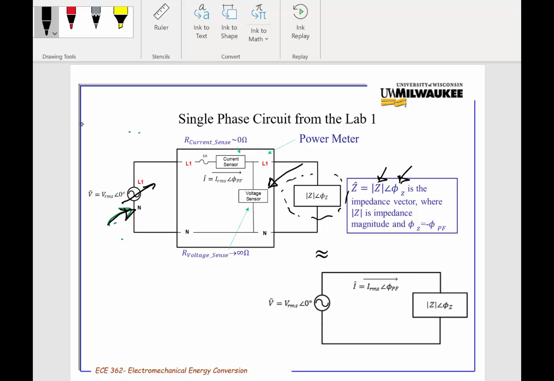And the actual implementation of your power meter is really implementing all the stuff that we talked about so far. It has a voltage sensor here that has a nearly infinite impedance, measuring the voltage from line 1, L1, to this endpoint, and it's going to be processing that signal and calculating an RMS.